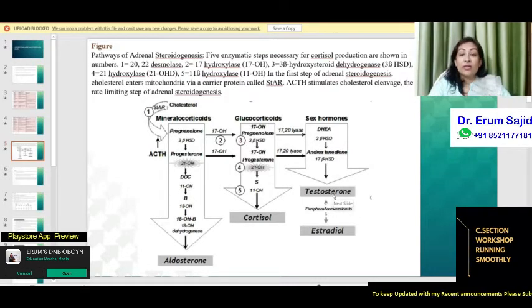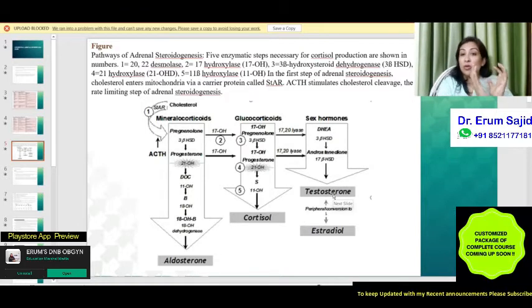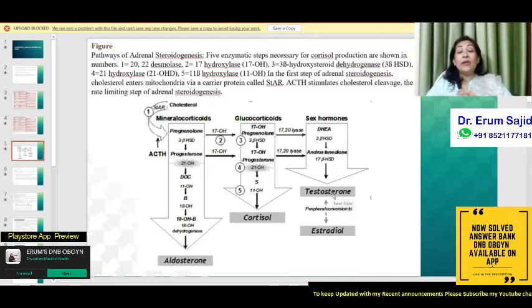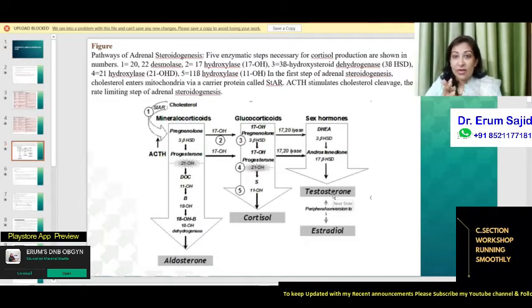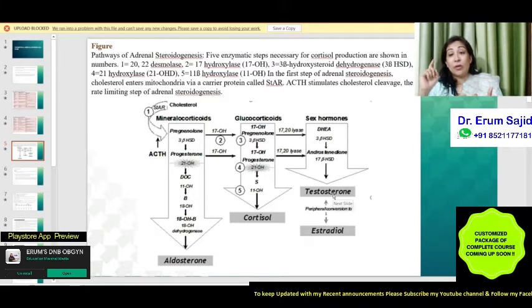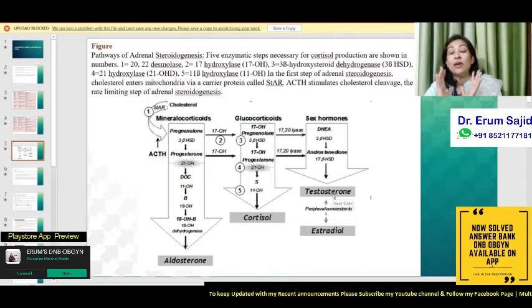But of course, there are certain things which are just finished off with genetics and environment and metabolism and all that. Anyways, what I'm trying to emphasize is that if you understand the pathophysiology of any disease, you can make the etiology, the clinical signs and symptoms, the diagnosis, and you can even manage the treatment. So important is just this slide. If you understand this slide, you understand CAH.